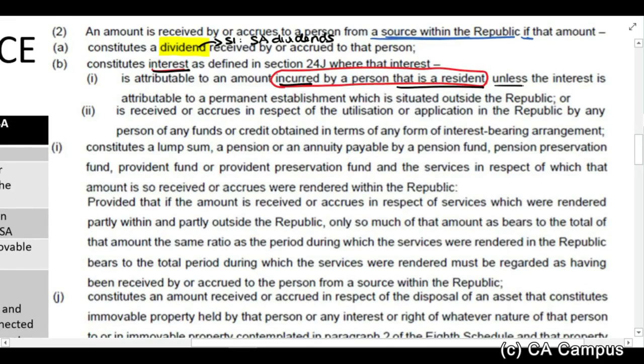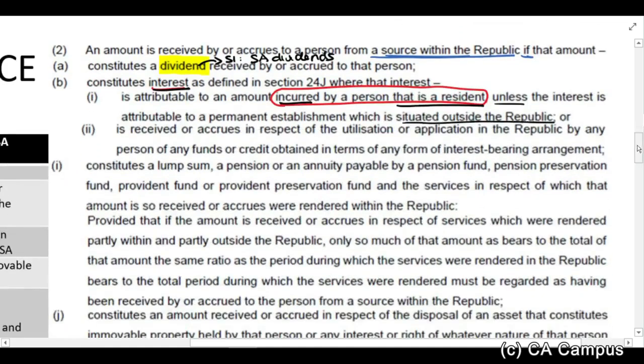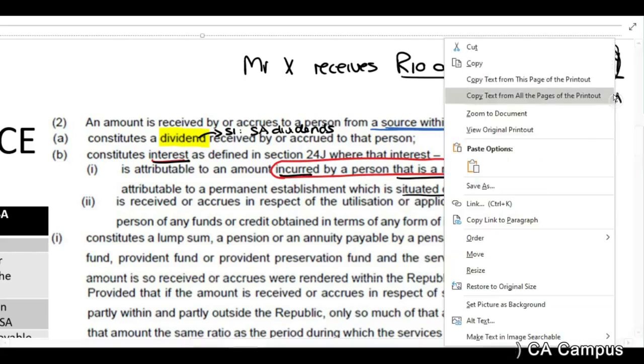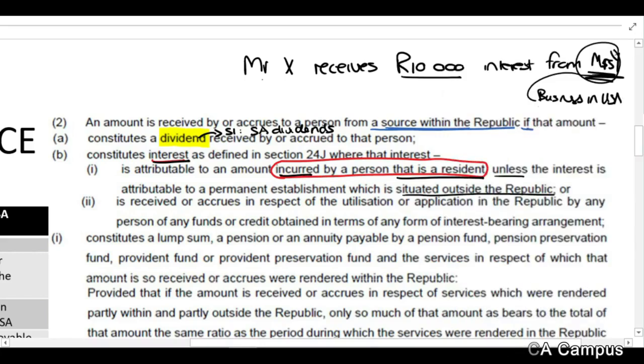They say unless the interest is attributable to a permanent establishment which is situated outside of the Republic. Now, basically what that just means is if Mrs. Y, let's say, has a business in the USA, and let's say she's a sole proprietor of a business in the USA.